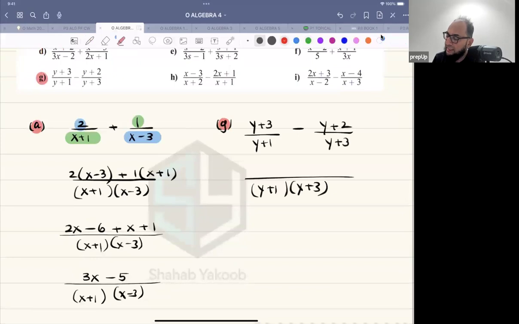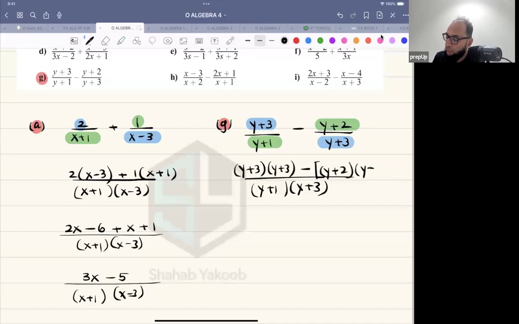Again, using the same color combo, y plus 3 gets multiplied with y plus 3, and y plus 2 gets multiplied with y plus 1. So therefore this is y plus 3, negative sign, put a big bracket also, y plus 2, y plus 1.